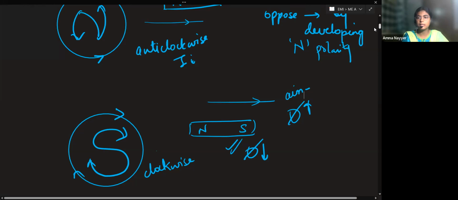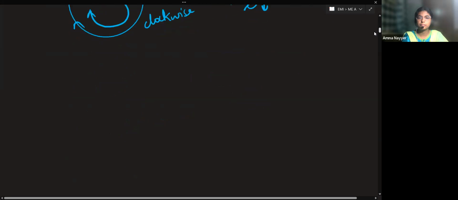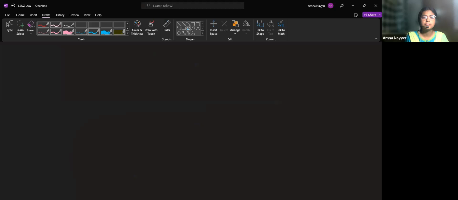Let's take some more examples. A bar magnet is approaching the circular coil with south polarity.